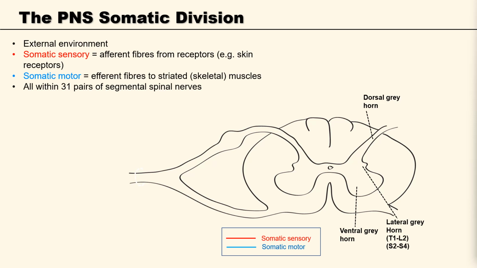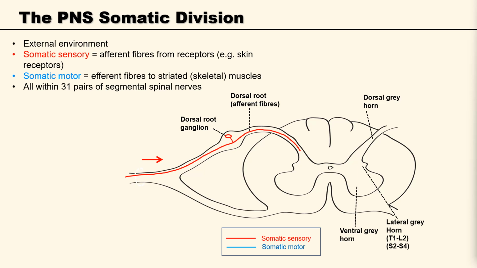So this is how each journey is made. The afferent fibres travel towards the CNS and enter the spinal cord via the dorsal root. Its sensory body is located in the dorsal root ganglion.